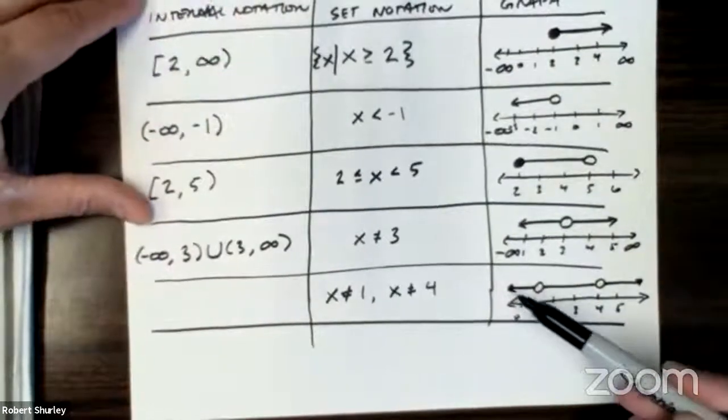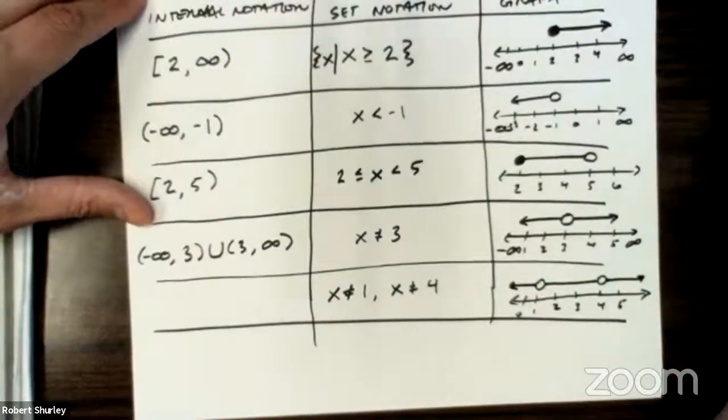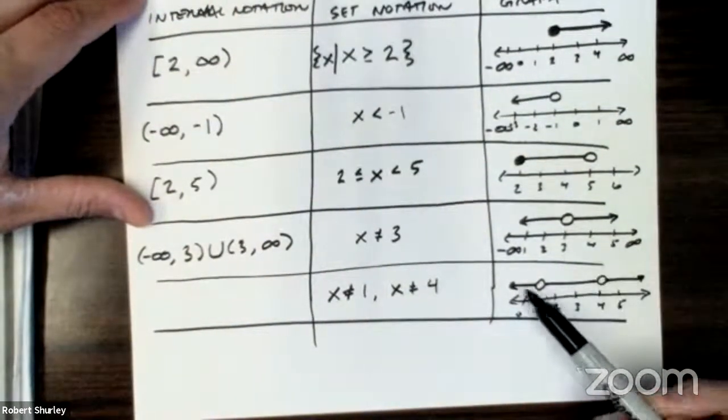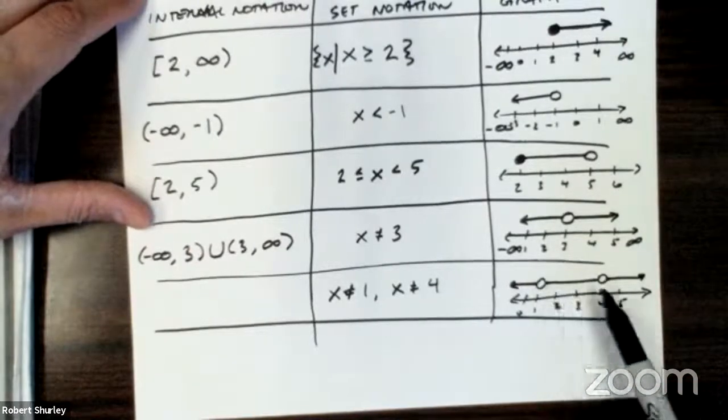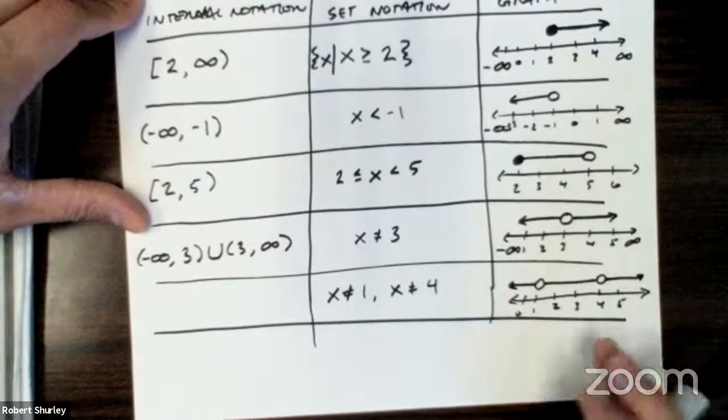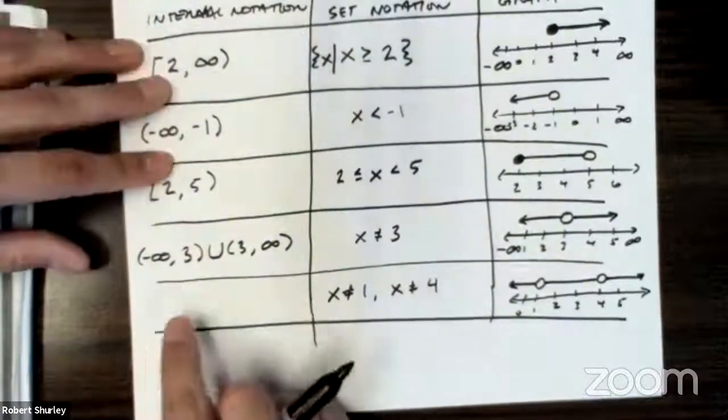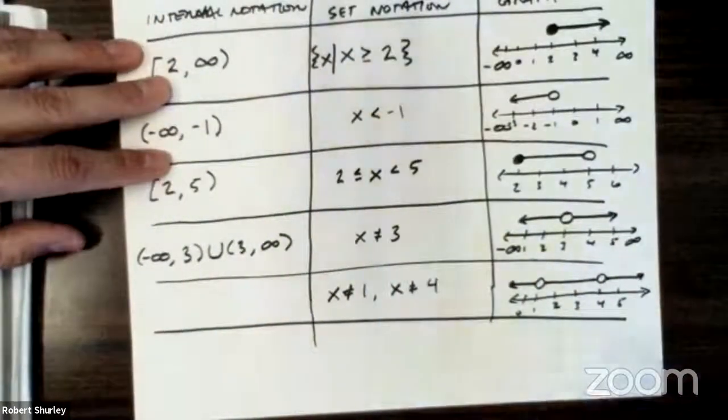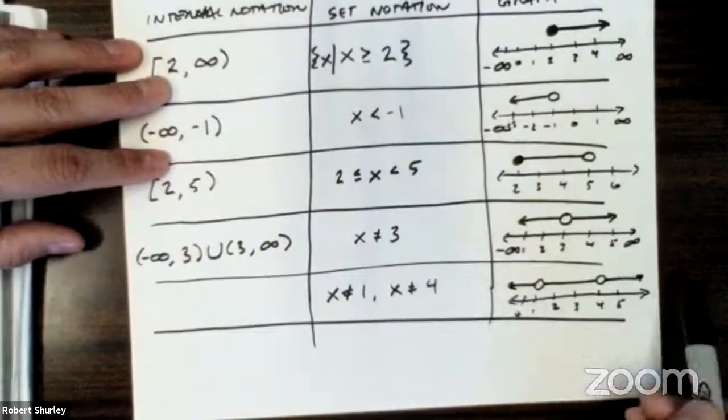Now notice, with this example, we have 3 different intervals. We've got to the left of 1, in between 1 and 4, and greater than 4, okay? So I've got to make 3 different intervals, and we have to go smallest to largest, left to right.